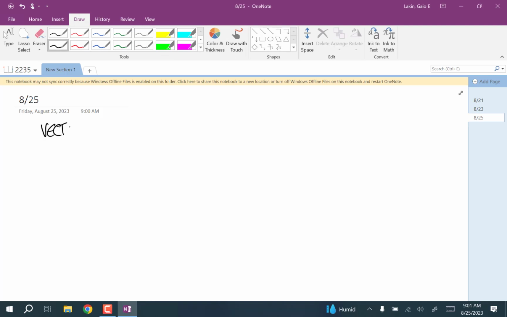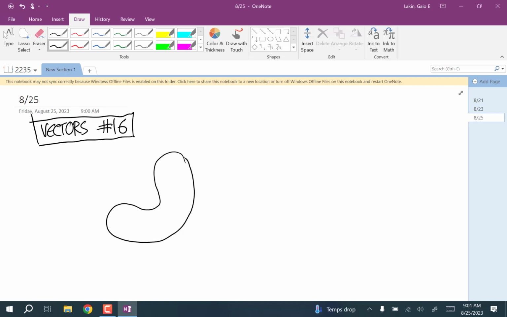So vectors number 16. Actually, this is kind of related to the stuff that I was going to start with today. So you have this funny shaped object, and you're told that the center of mass here somewhere is the origin, I think. And you have a cable that makes an angle of 45 degrees with the horizontal or the vertical.